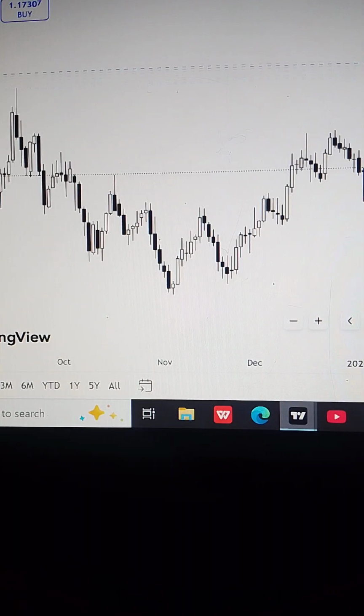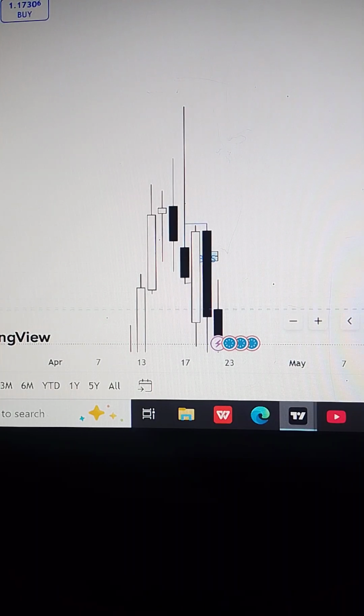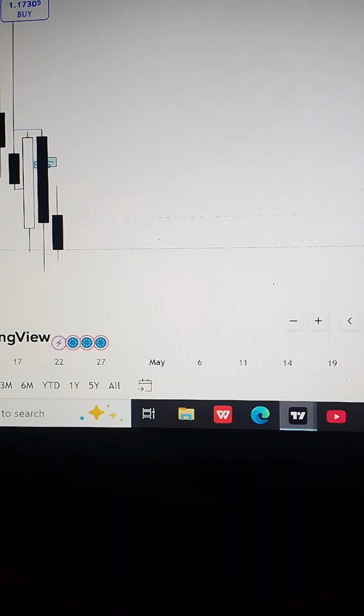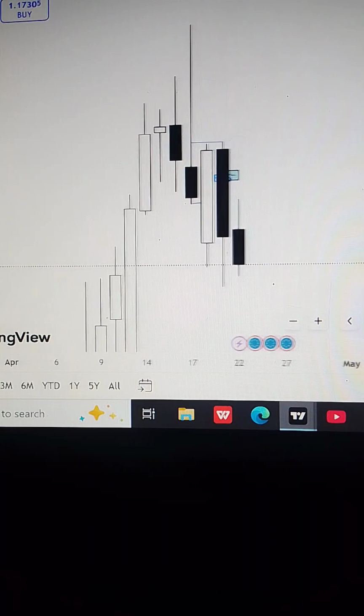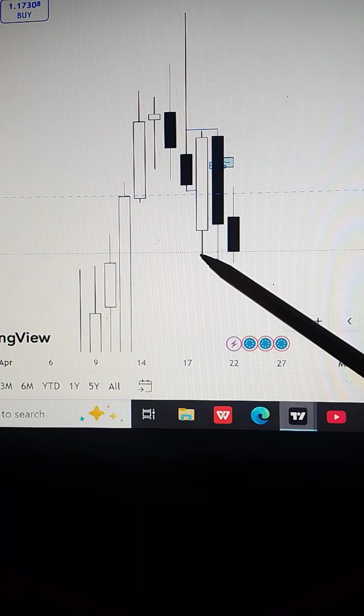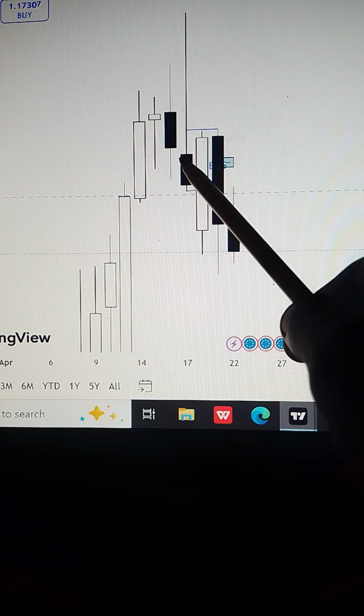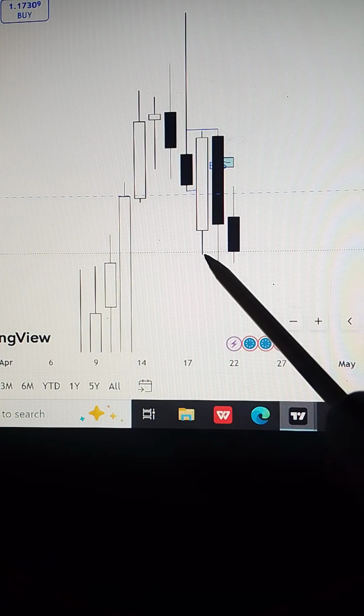On the daily time frame, let me expand it so you can see it clearly. This previous candlestick, that this candlestick closed in between, was supposed to be the target.